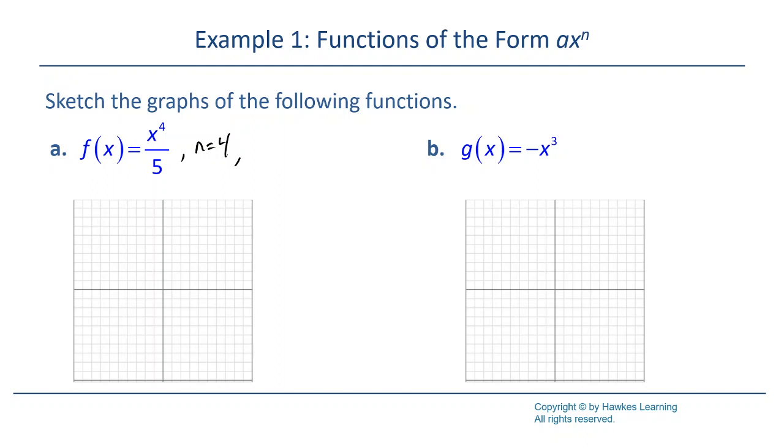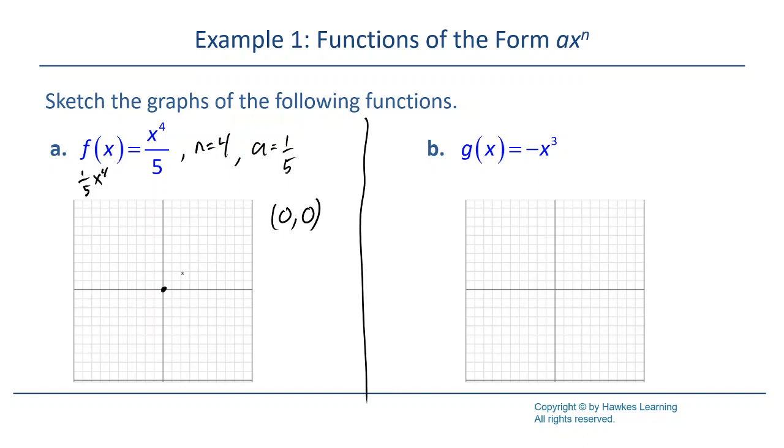Well, x to the 4th over 5 is like having 1/5 times x to the 4th, so our A value is 1/5. So think about what that's going to do to that shape. Typically, to sketch a graph, let's just take a few values. If I plug in 0, I still get 0.